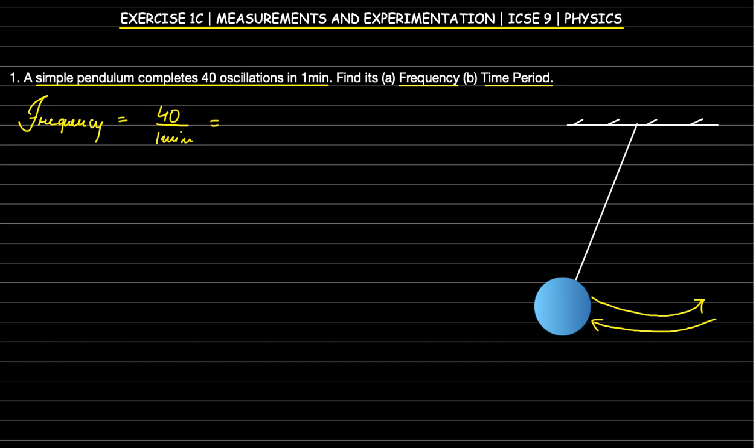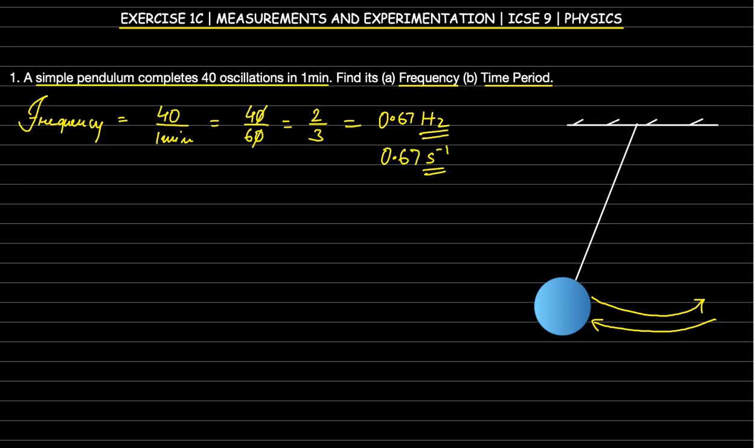That happens to be 40 oscillations divided by 1 minute, which is 60 seconds. 0 cancels, we get 2 by 3, which is equal to 0.67 after rounding it off, and since it is frequency, it's going to be hertz. So it is equal to 0.67 hertz. We can also write it as 0.67 second to the power of minus 1. So this is the frequency here.